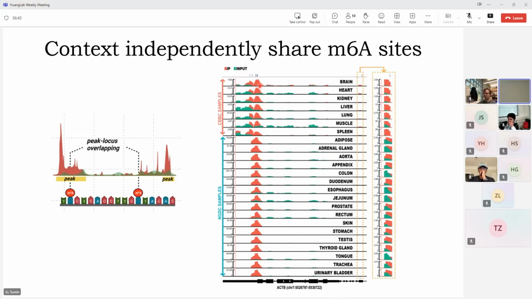It is a little bit difficult to see because of the scale, but if we zoom into this specific region, we can see an enriched peak region there, and a single m6A site over there. So we successfully identified context-independent m6A sites that are shared across 24 tissue types.